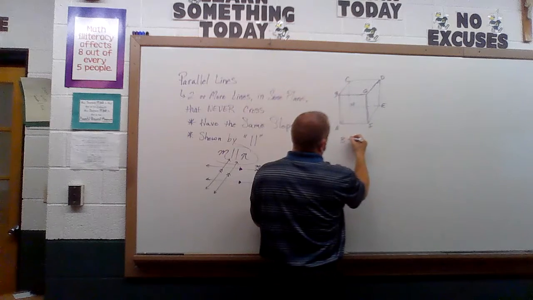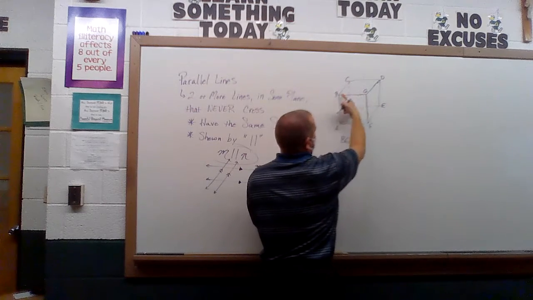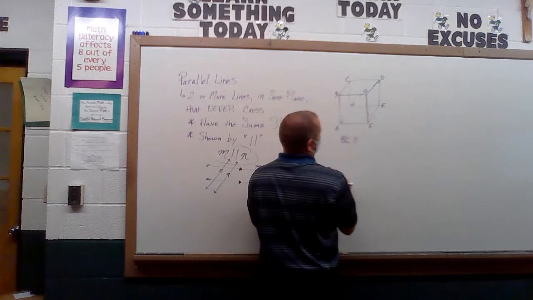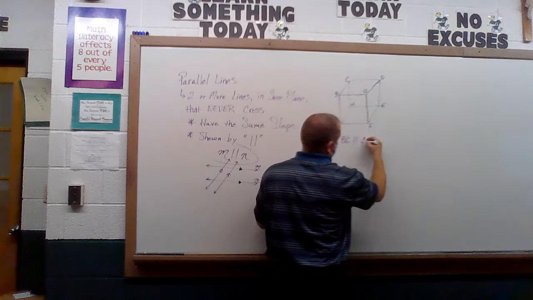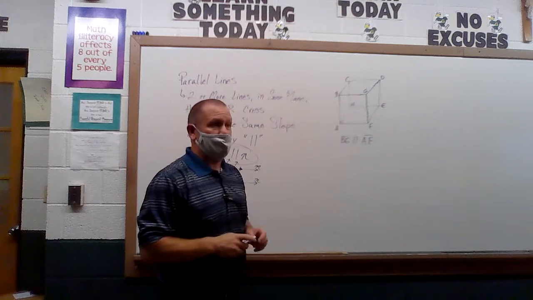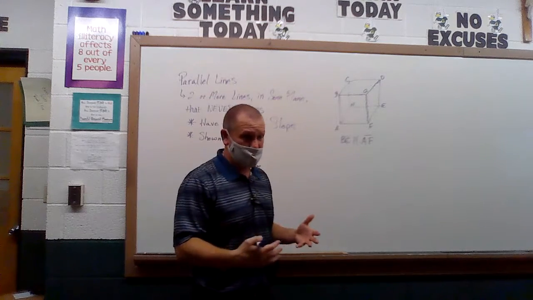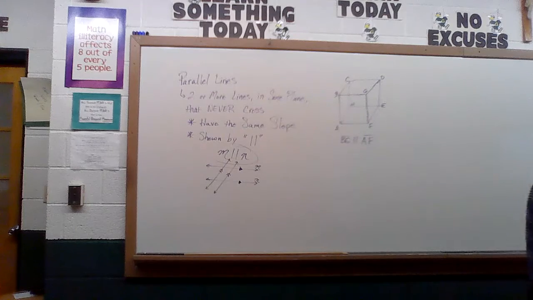BG would be parallel to what? This front one right here. What's opposite or parallel to BG? AF. Okay? And then we could go through, and there's a lot of sets of parallel lines or parallel segments. These would be parallel segments.